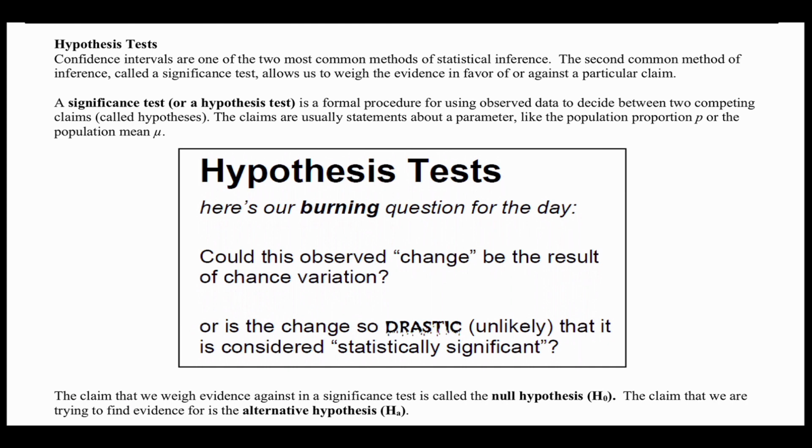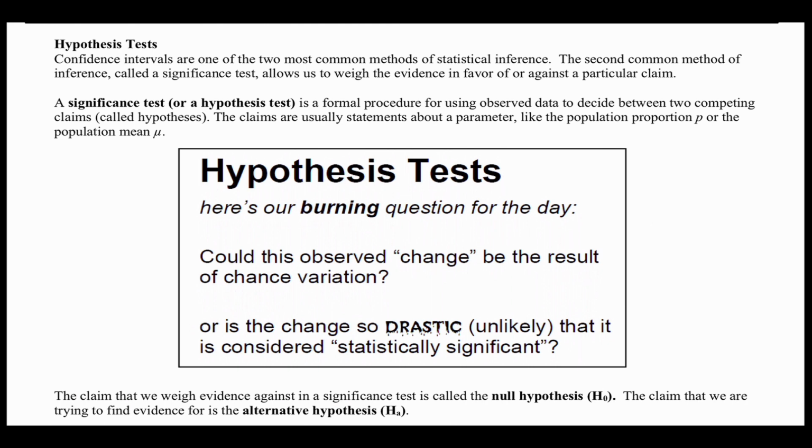We say, is it false, or do we not have enough information to say it's false? We've kind of talked about this before. So when we look at a claim, we're either going to say, no, it's wrong, and here's the evidence. Or we're going to say, you know what, I don't know if it's true, I just don't have enough evidence to say it's wrong. Kind of the guilty, not guilty thing that we've been talking about.